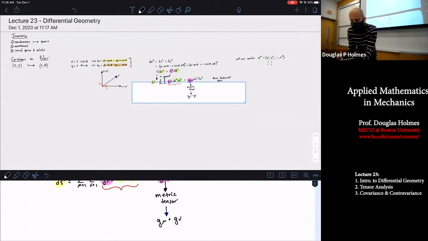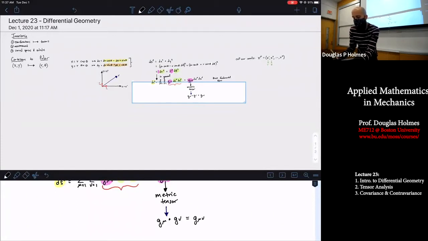Nothing here is upstairs. These are both subscripts, and so there's nothing we can do. This is a vector. This is a vector. The result of dotting these two vectors where both components are downstairs is a tensor with both components being downstairs.